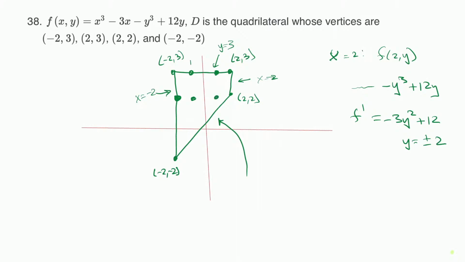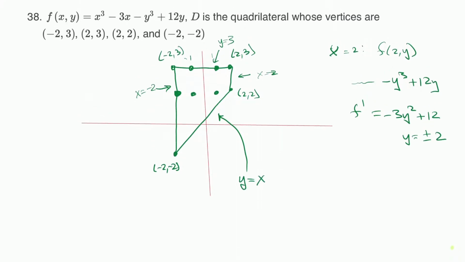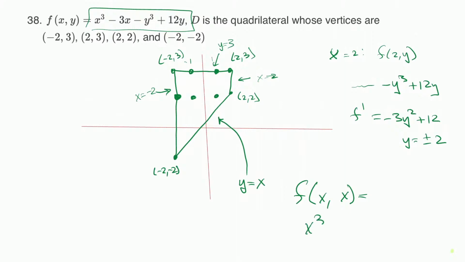By the way, this is 1, negative 1, this is 1, x. Okay, so this, actually, this is so easy. Check it out. Y equals x. This is so nice. X, and x, sorry, not negative. I got ahead of myself. So f of x, plug x and x into this, and we get x cubed minus 3x minus, it's actually even better than I thought.